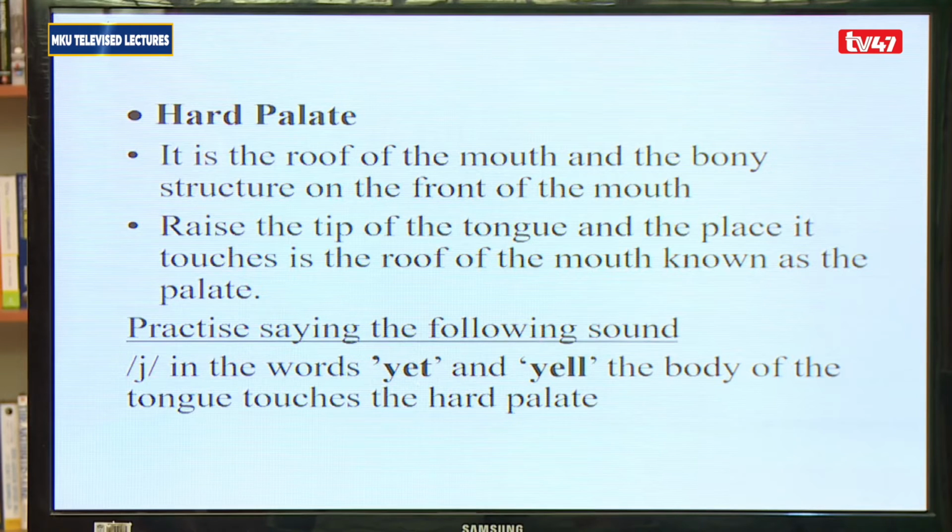The next vocal organ is the hard palate. Where is the hard palate located? The hard palate is actually the roof of your mouth. Lift your tongue up and touch the roof of your mouth. You'll notice that there's also a bony structure there on the front part of your mouth. Again, raise the tip of your tongue.